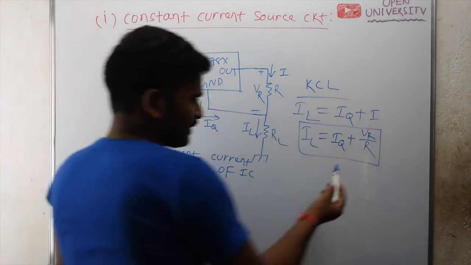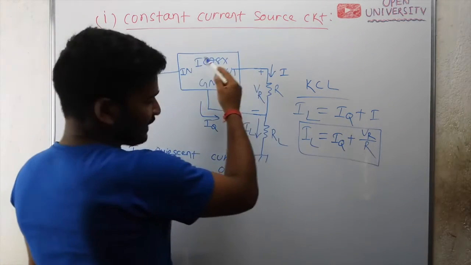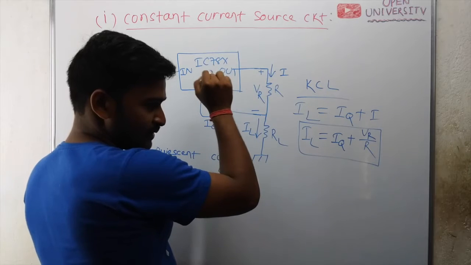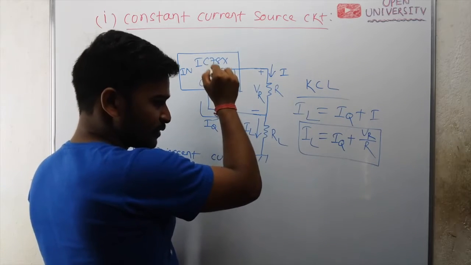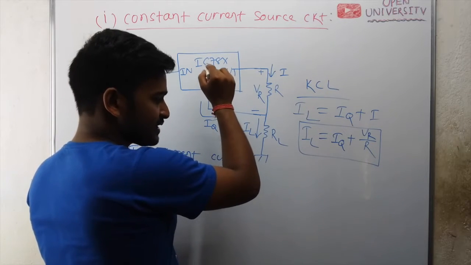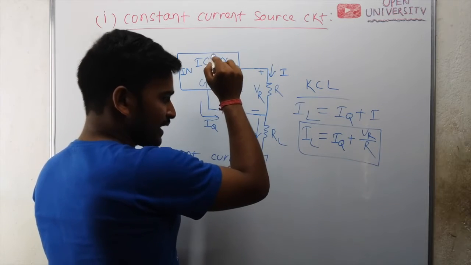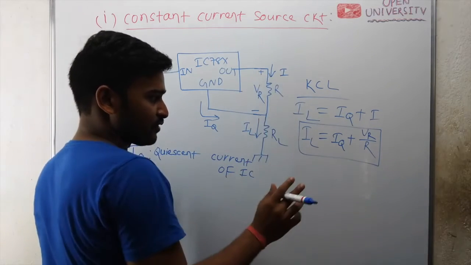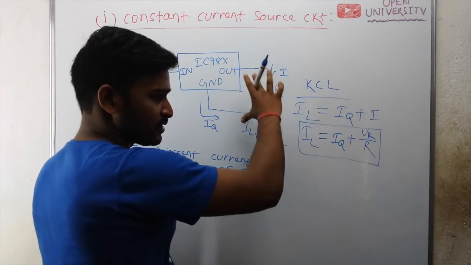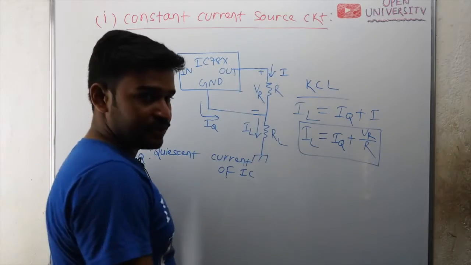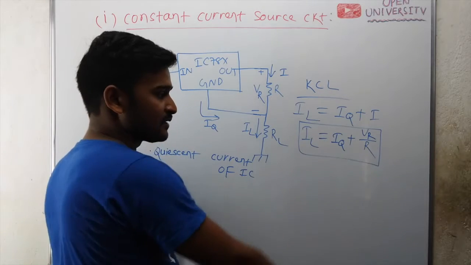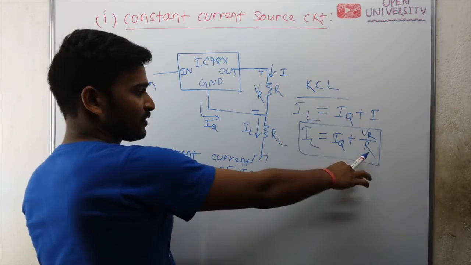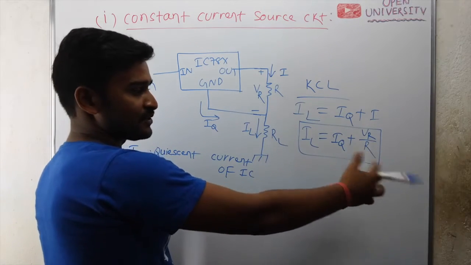Now you see, for this fixed voltage regulator IC, whether it is IC78XX or IC79XX, the regulated output voltage is fixed or not? VR is fixed for such type of fixed voltage IC regulator. Here R is also fixed, and the IQ is also fixed for an IC.